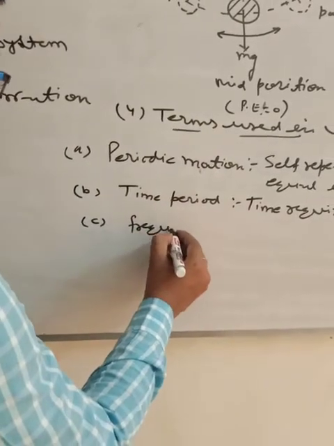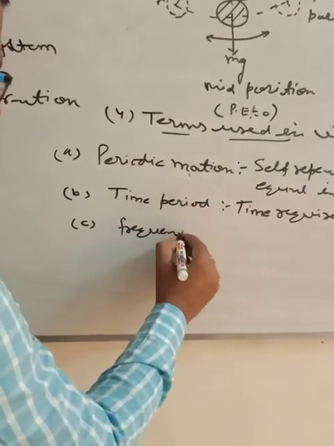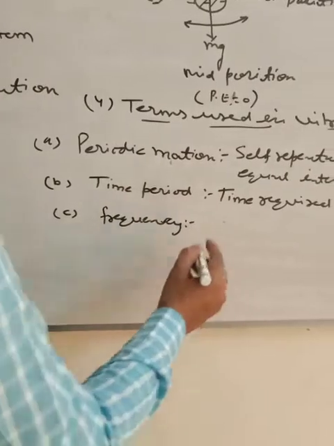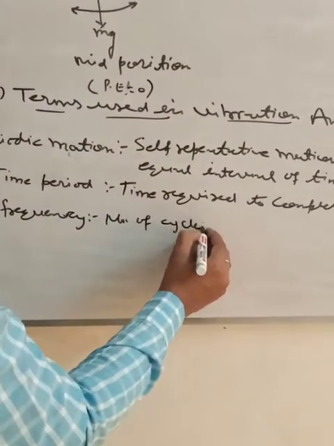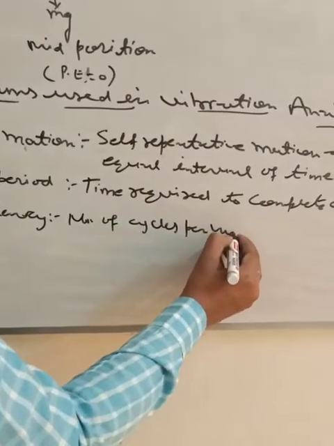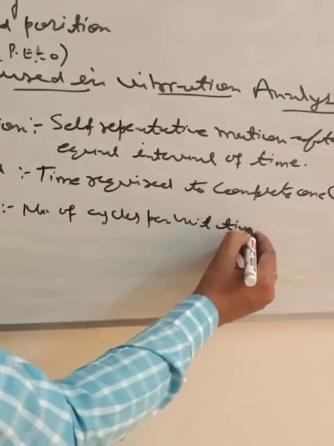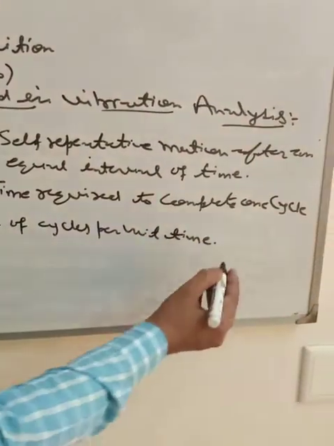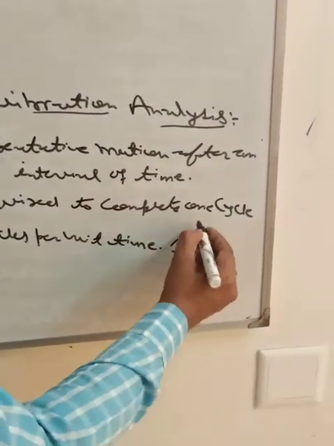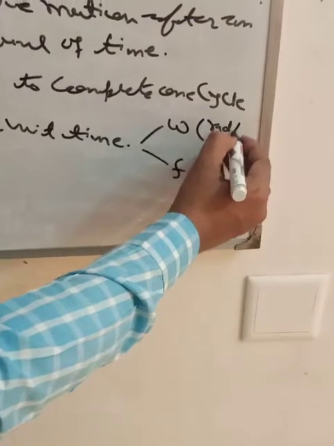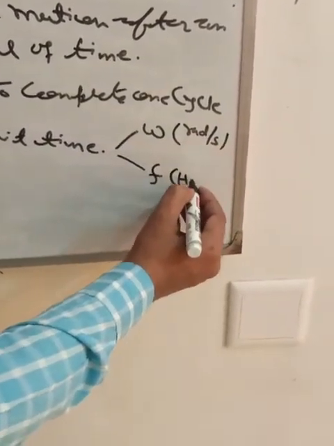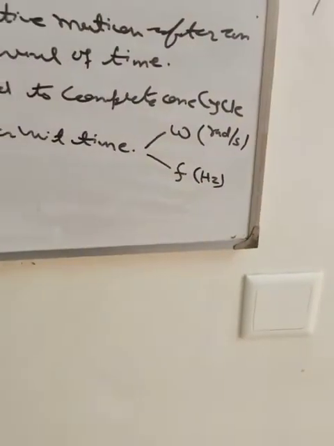Frequency: number of cycles per unit time. Two types of frequencies are considered, omega and f. This is in radian per second, this is in hertz.